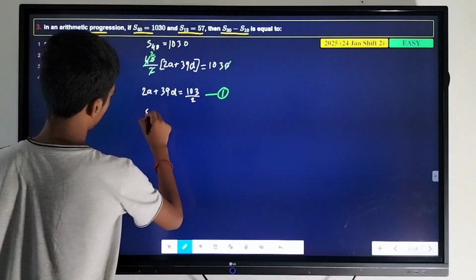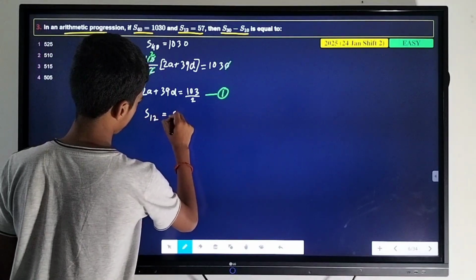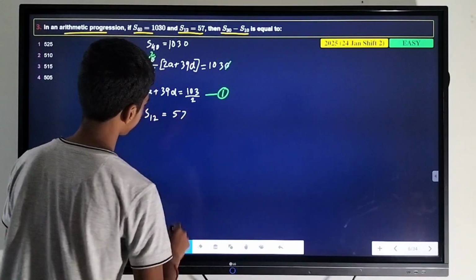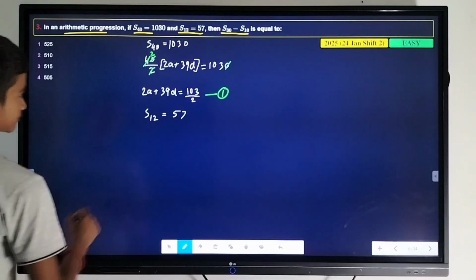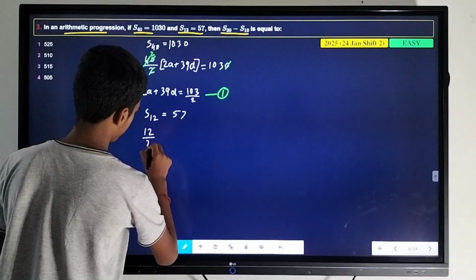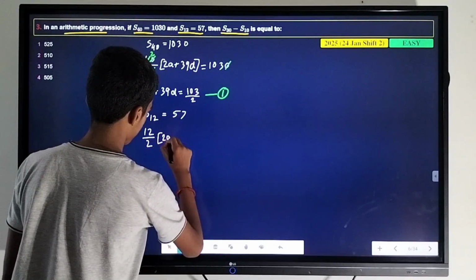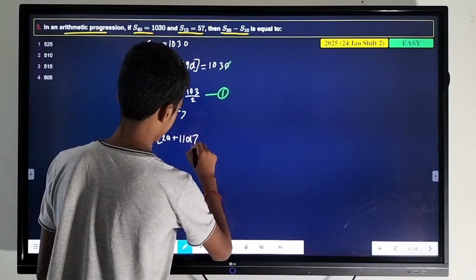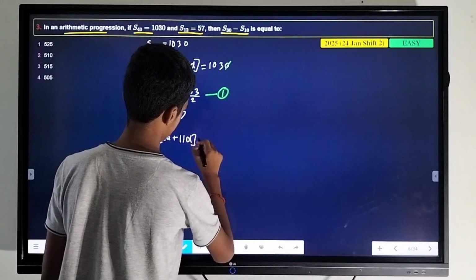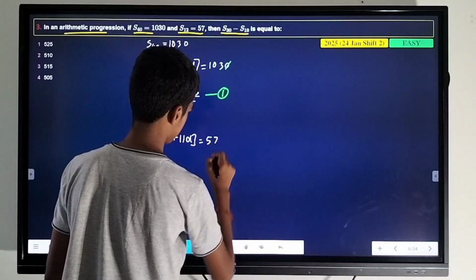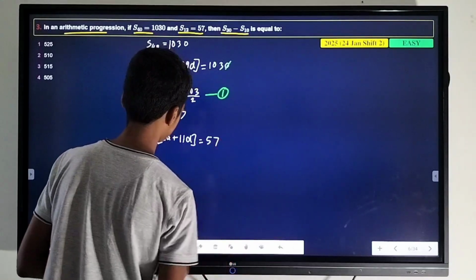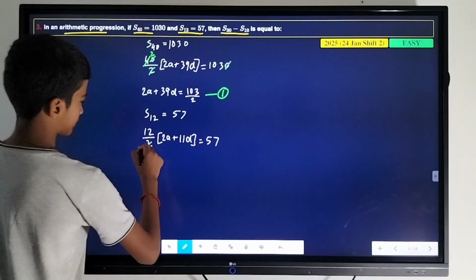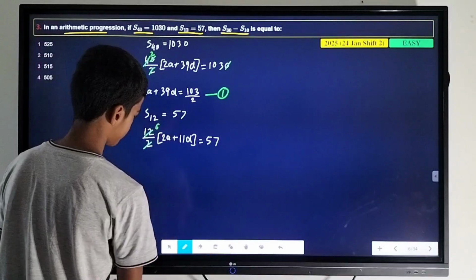Now our sum of 12 terms is equal to 57. This will be 12 upon 2 into 2a plus 12 minus 1, 11d, is equal to 57. 2 will cancel 12 6 times.